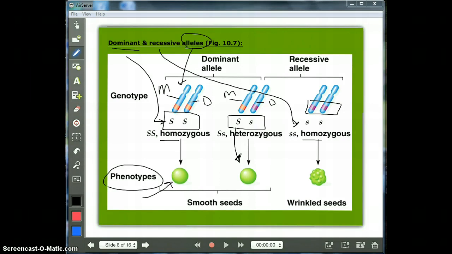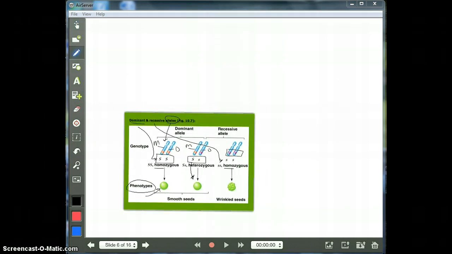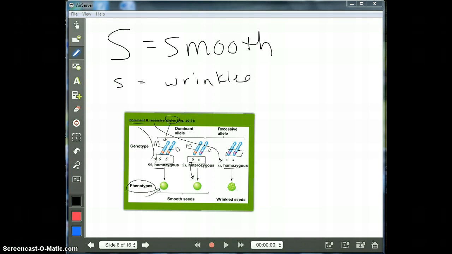So in this case, if big S represented smooth and little s is wrinkled, every time I see the big S, there should be a smooth seed. Now notice here, both of them are big S, two big S's, so it's got to be smooth.